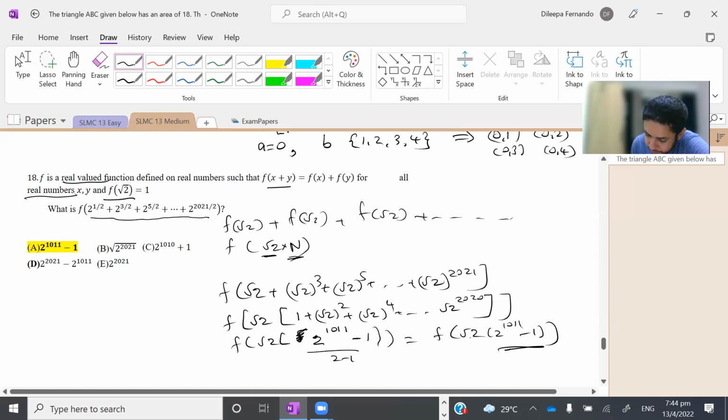So we know that if f of root 2 is 1, then something like root 2 plus root 2, summed 2 to the power 11 minus 1 times.